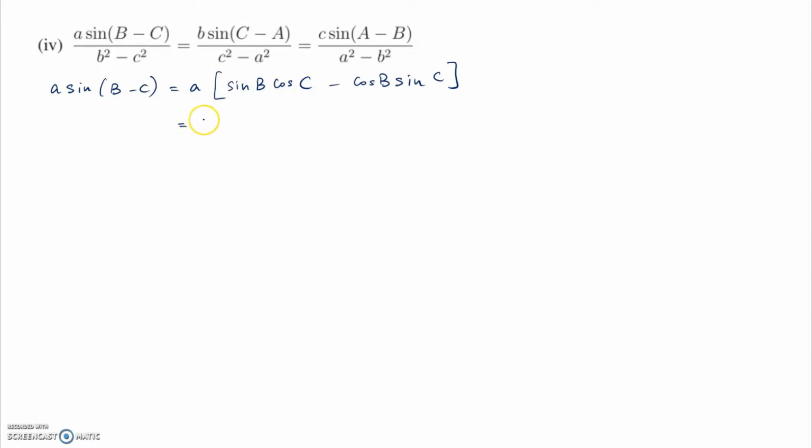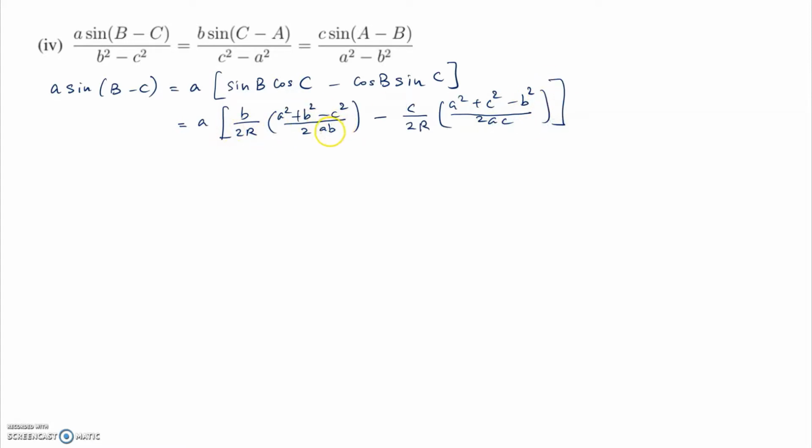Next, let us keep the a as it is, and sine B we can rewrite as b by 2R, and then cos C, let us write that using the cosine formula. It is (a squared plus b squared minus c squared) divided by 2ab, minus, again sine C, let us call that c by 2R, and our cos B will become (a squared plus c squared minus b squared) divided by 2ac.